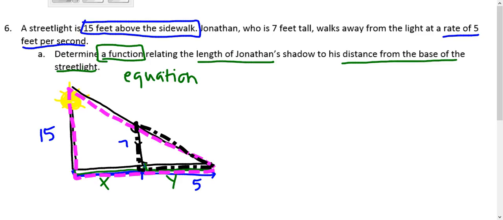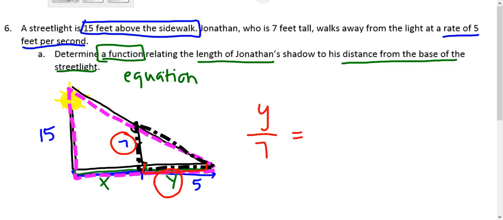So we're going to use this idea of comparing sides. In the smaller triangle, we have the side y, which is right here, and let's compare that to 7. So we're going to have ratios.